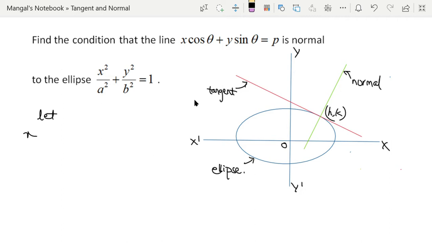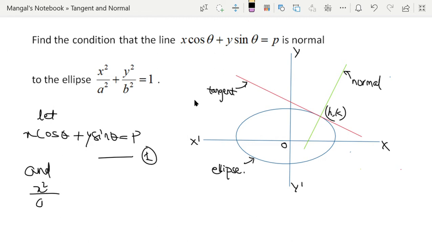Let x cos theta plus y sin theta equal to p be denoted by equation 1, and x square upon a square plus y square upon b square equal to 1 be denoted by equation 2.